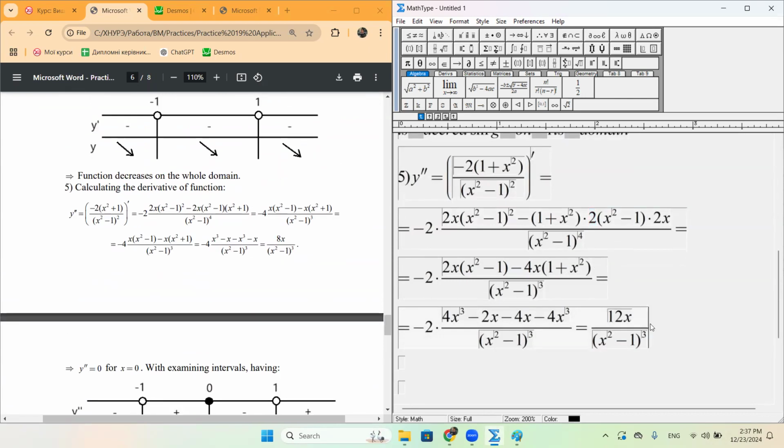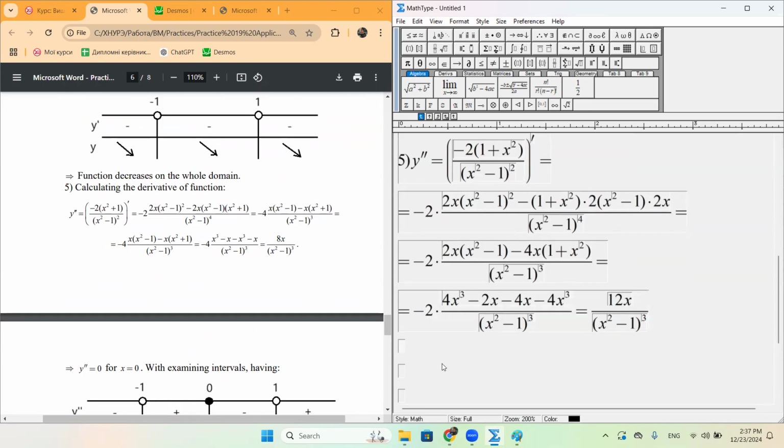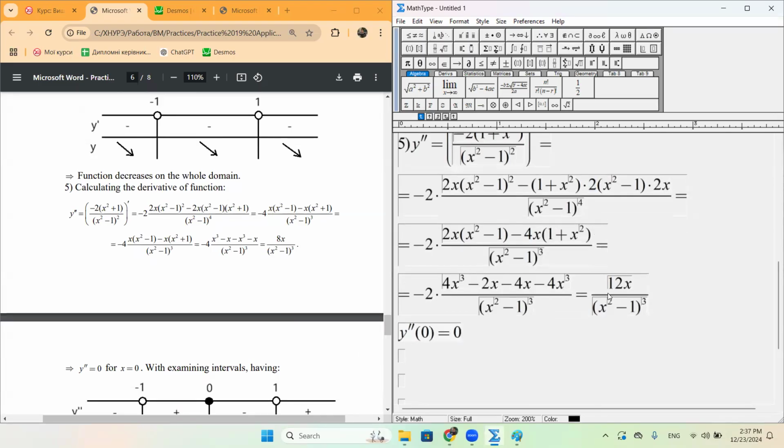And now we need to investigate it for 0. Obviously the second derivative will become 0 when x equals 0. So 0 is the inflection point.